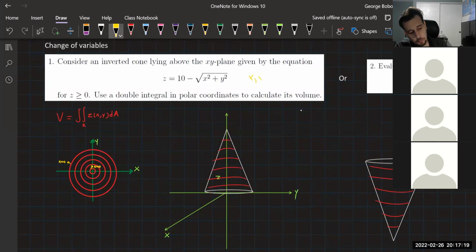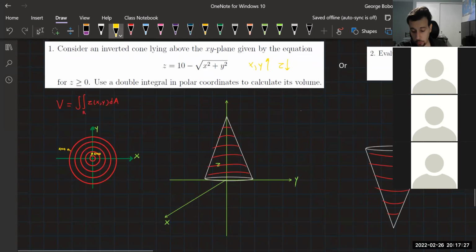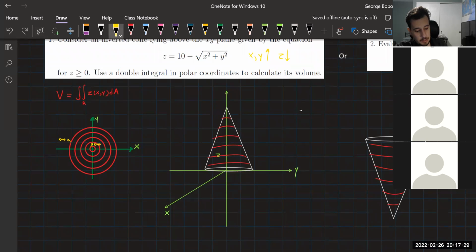As X and Y go up, you can see that we're subtracting bigger and bigger values. So that means Z is going down. So again, one more time. If we move this way in our Z direction, our X and Y should grow. You see, that's what I'm telling you. So I'm sure now that I've drawn it in the right direction. That's how I justify it.